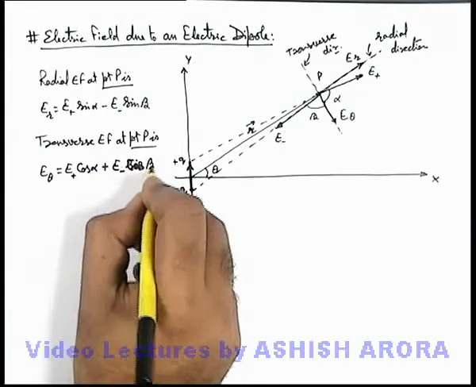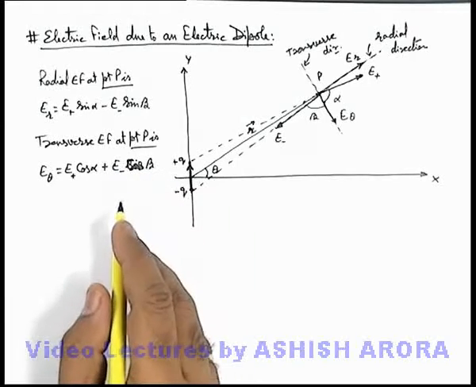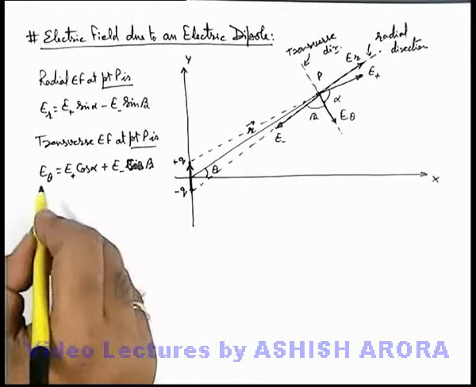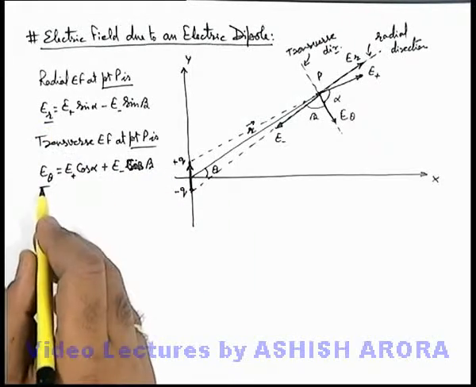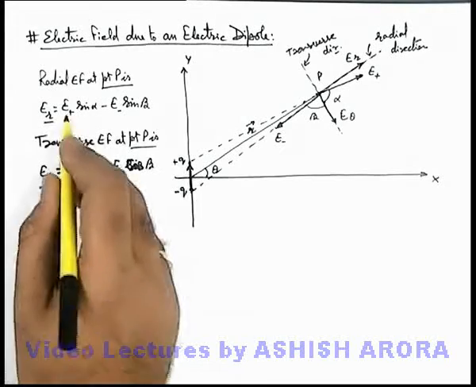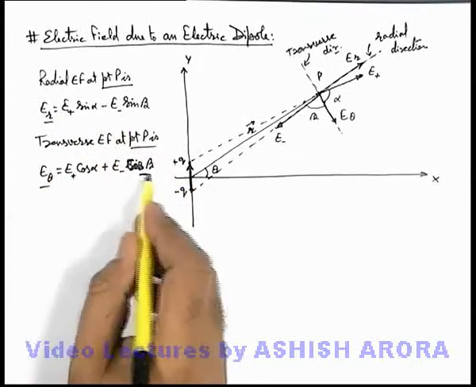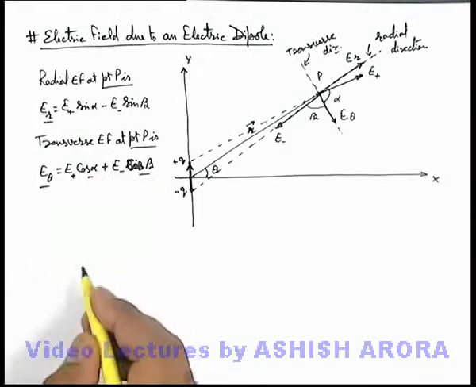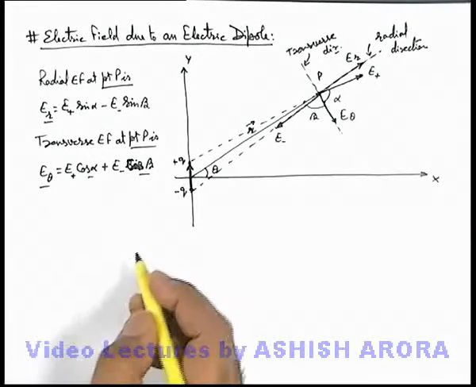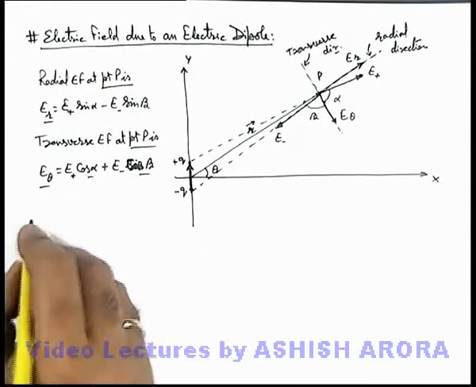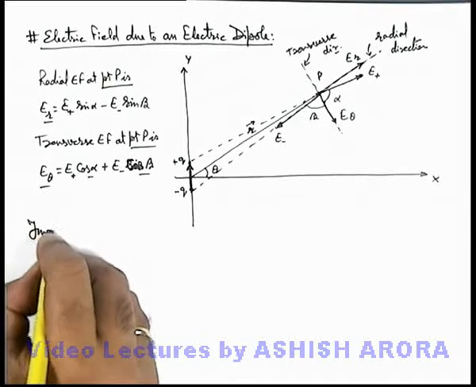Now when the two components, radial and transverse, are calculated by substitution of the values of E positive, E negative, sin alpha, sin beta, cos alpha and cos beta, the final results I'm writing here are quite important for various applications.